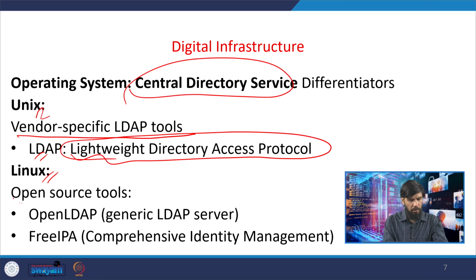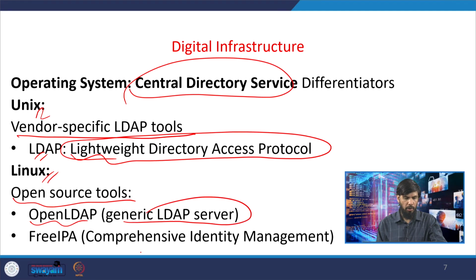Then for Linux, there are some open source tools. For example, OpenLDAP, which is like a generic LDAP server. So actually, those Unix vendor specific LDAP tools do a lot more porting, as I have spoken about. Many of these Unix operating systems actually follow the development that is happening in Linux, which is an open source community. We'll talk more about the open source community and those software products in the next module, right.